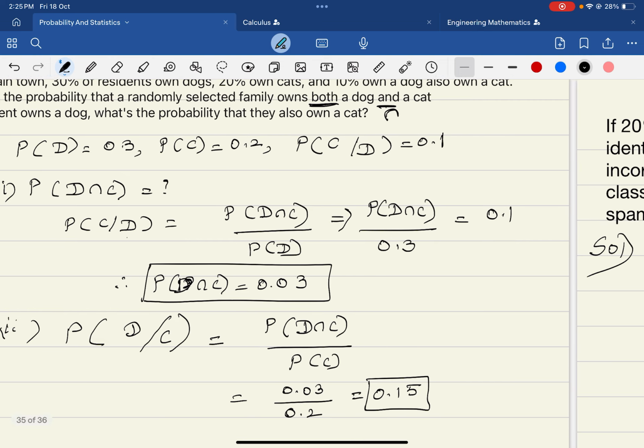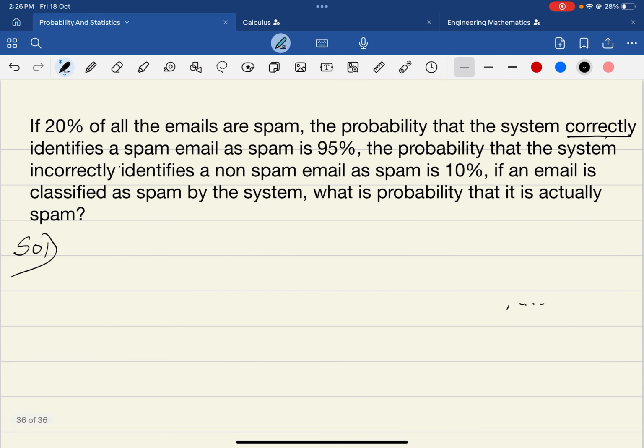Now, a real life example I wanted to take. Try to understand this. In our day to day life, we get so many emails, and we send so many emails, of course, but there are many spam emails. So this is where we use conditional probability and Bayes theorem, total probability also.